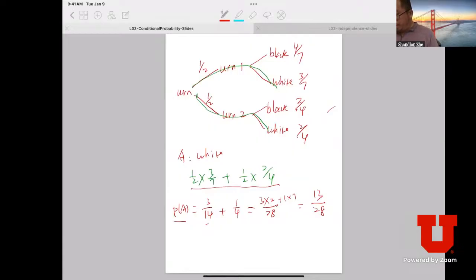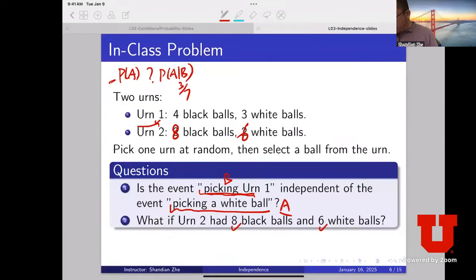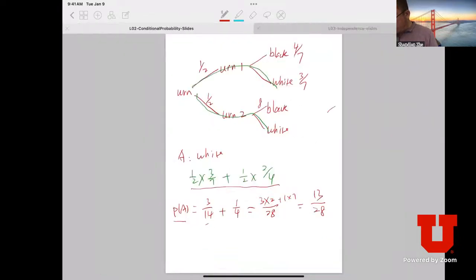Now, the only difference is here. For N2, you have 8 black balls and 6 white balls. That means when you select N2, the chance you select a black ball will be 8 over 14, and the chance you select a white ball will be 6 over 14.